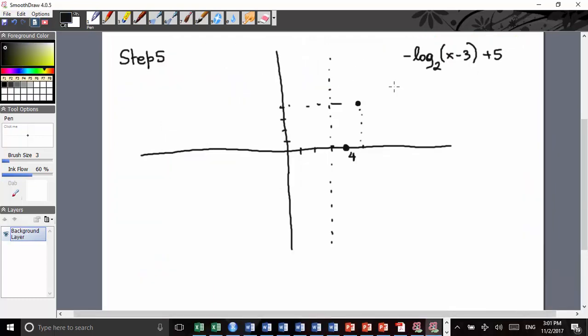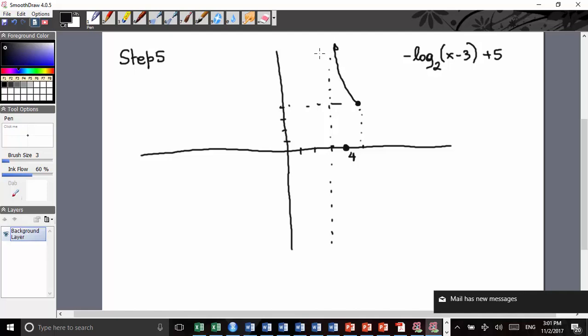So, I know that the vertical asymptote, as we checked before, is going to be x equals 3. What I don't know yet is where my curve will cross.